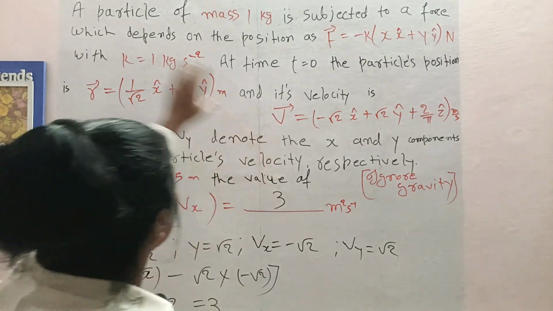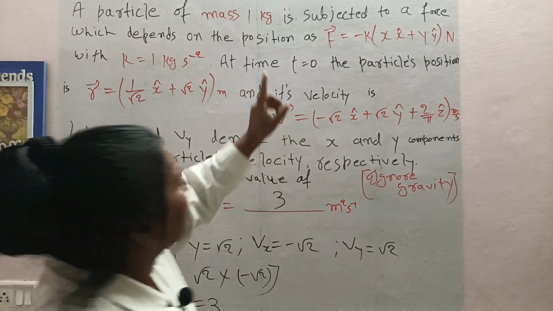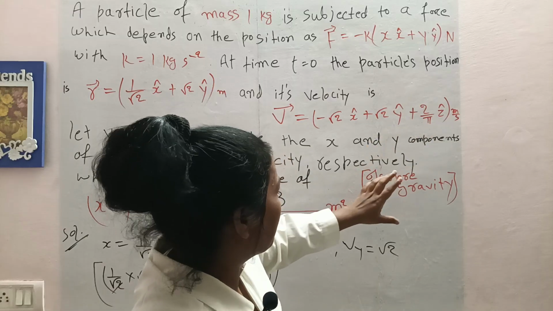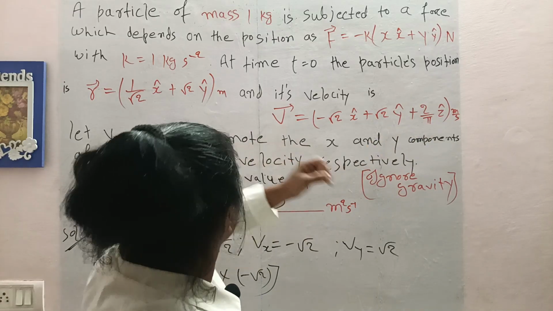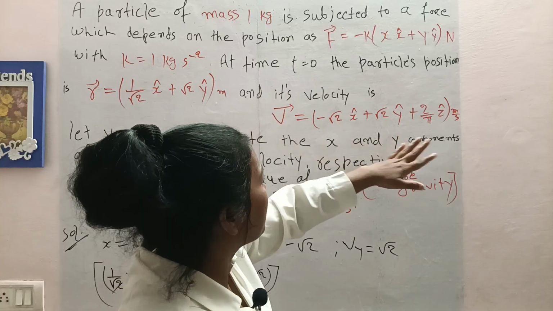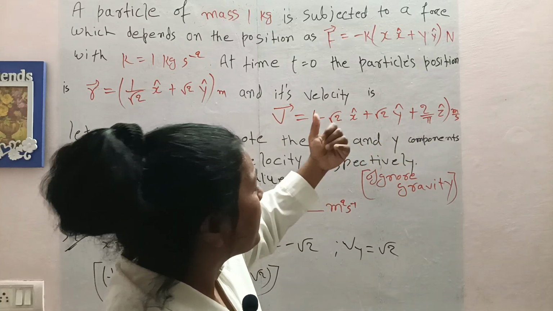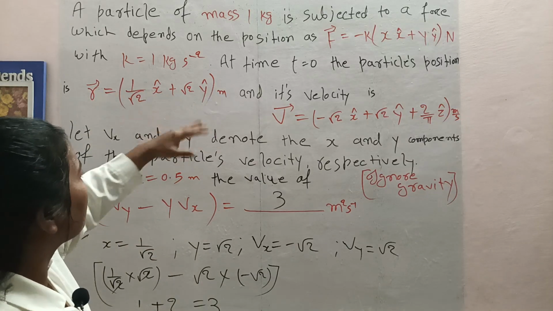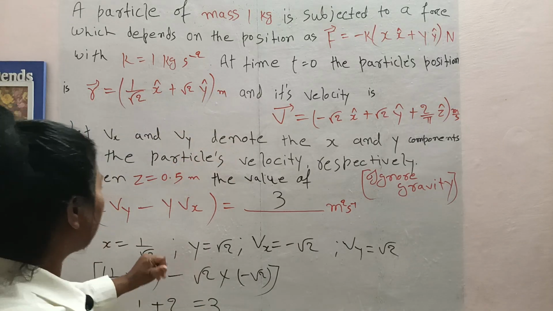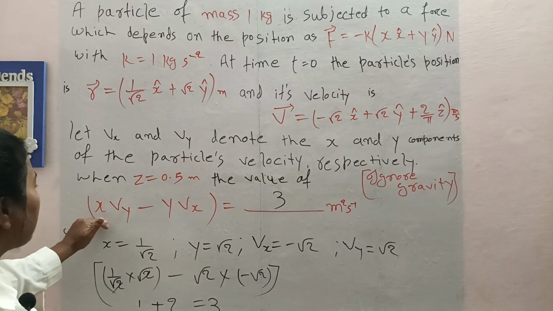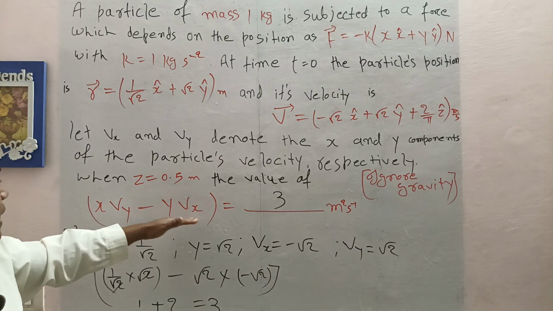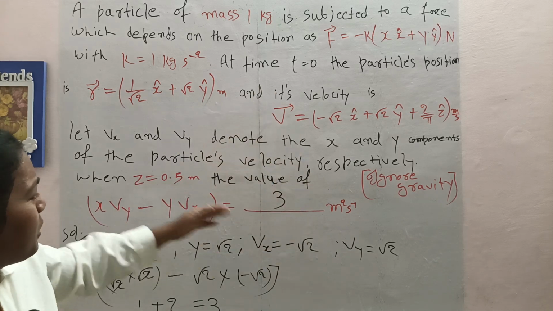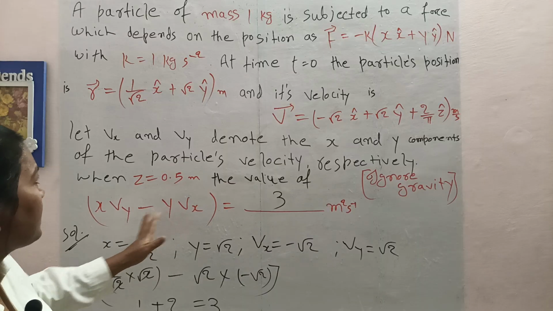Because the force is only in x and y hat, there is no force in the z component, so the particle's velocity in z has no significance. There is also no position in the z component here. We have been asked only to find this expression, and it does not need the z components of velocity because there's no Vz here.